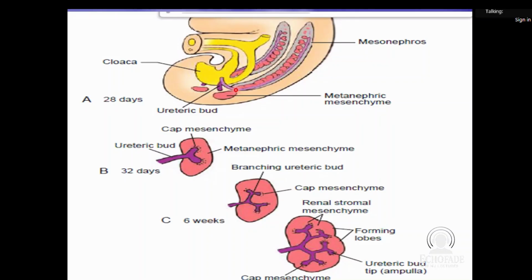However, the last part of that development of the kidney is where we have the ascent of the kidney. Eventually the kidney, like what we described before, is in the lumbar region, covered by the ribs, lying on the diaphragm anteriorly. So it has moved from the pelvic region to the lumbar region.